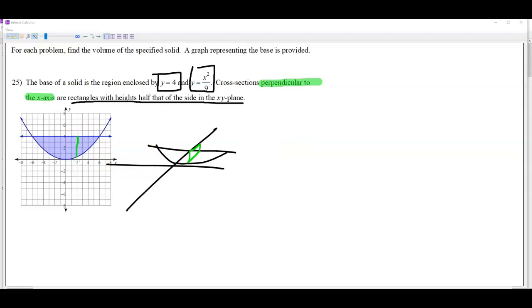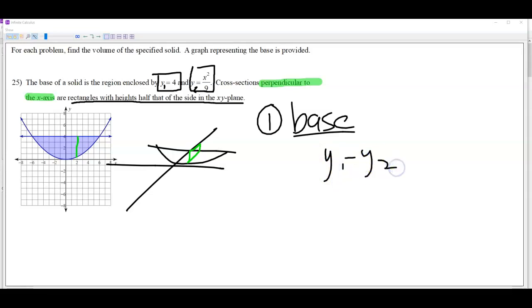So our base in this case, which is where we start off at, the base of our shape is going to be the distance between those two functions. So it's going to be, if I call this one y1 and this one y2, the base is going to be the distance between y1 and y2. Now, technically, you want to make sure that the one that's on top comes first.